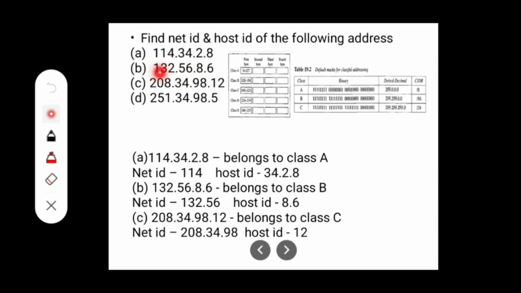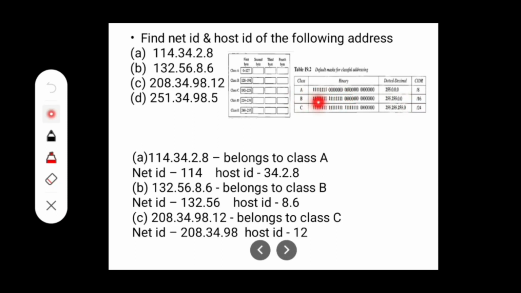132.56.8.6. Look at the first byte, 132, and find the class. 132 belongs to class B. What is the mask? The mask is 255.255.0.0, that is the first 2 bytes.